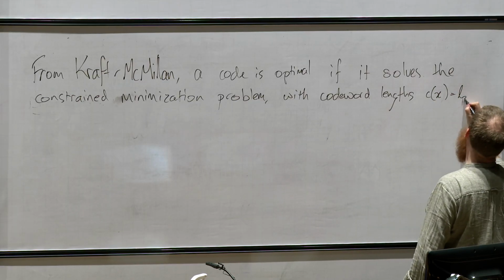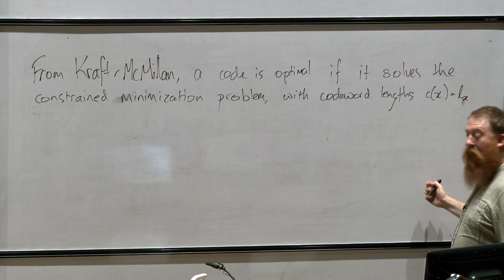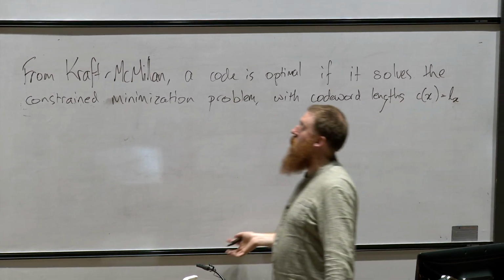So if I give you a possible value, that's the code word length, same notation as we used in the Kraft-McMillan inequality.